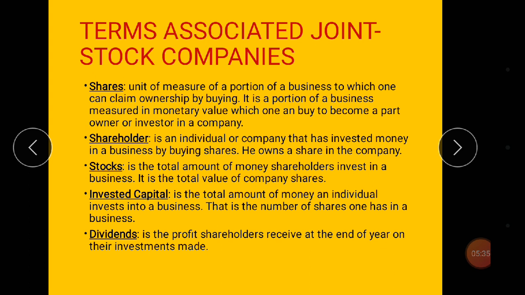For that matter, he owns part of that company. Then all the individual shareholders and the shares they have bought. So if Ama bought 10,000 cedis shares, Kofi bought 2,000 cedis shares, Kwabena bought 3,000 cedis shares, and Ajwa bought 5,000 cedis shares, the total will be 20,000 cedis shares. So the total value of shares bought by the shareholders, that is the total money they have invested into the business, is what we call the stocks.